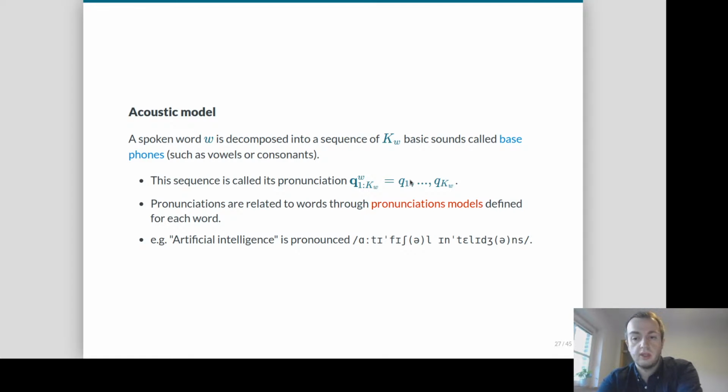As an example, if you take the phrase artificial intelligence, then a corresponding pronunciation could be this one, which is written in this language that maps these symbols into phones, and these phones say how you should pronounce this word.